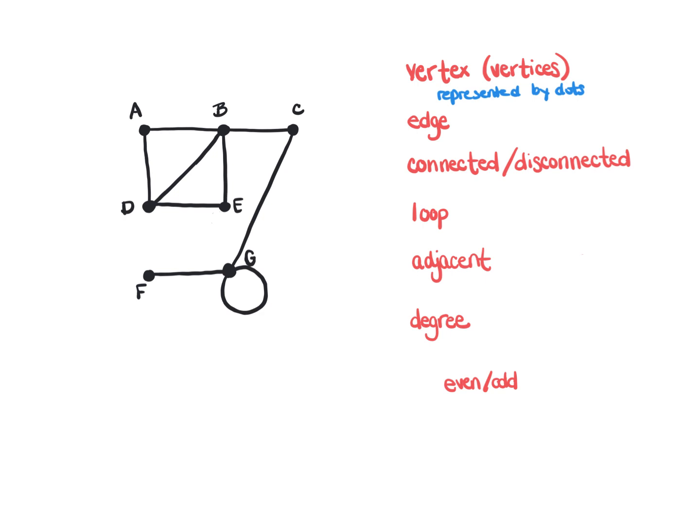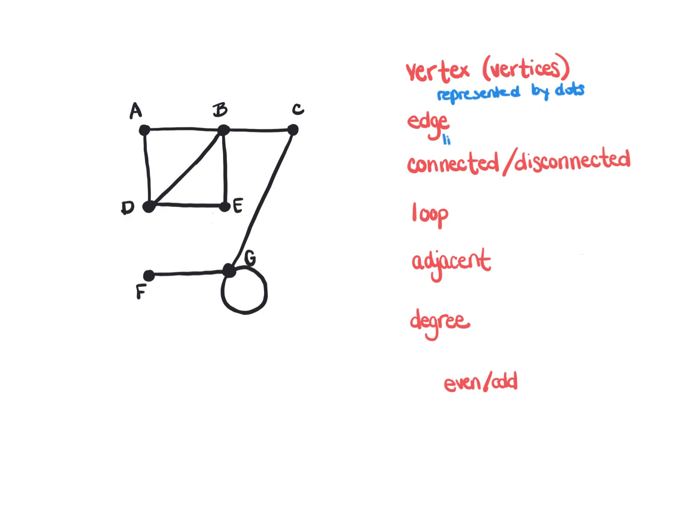So in the previous problem, the vertices represented the people. It could be that a vertex represents a house in a given neighborhood or on a street. A vertex could represent maybe a series of classes that are being taken by college students. There are numbers of things that vertices can represent. But in each case, we use a dot to represent that vertex.